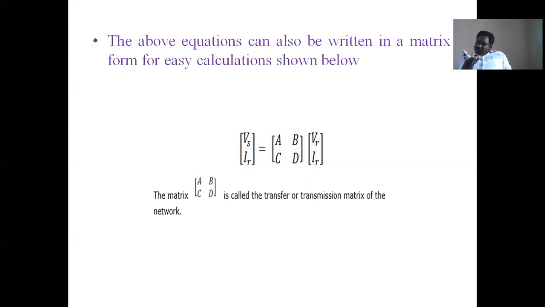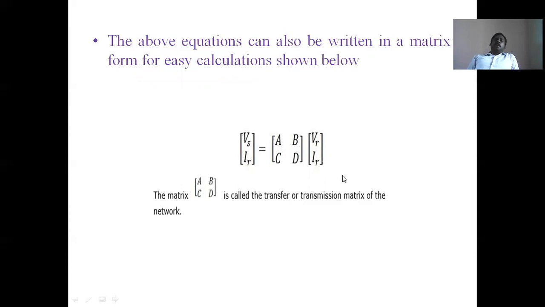The sending end power factor angle is the angle between Vs and Is, and the receiving end power factor angle is the angle between Vr and Ir. So all these things are calculated by using ABCD parameters.